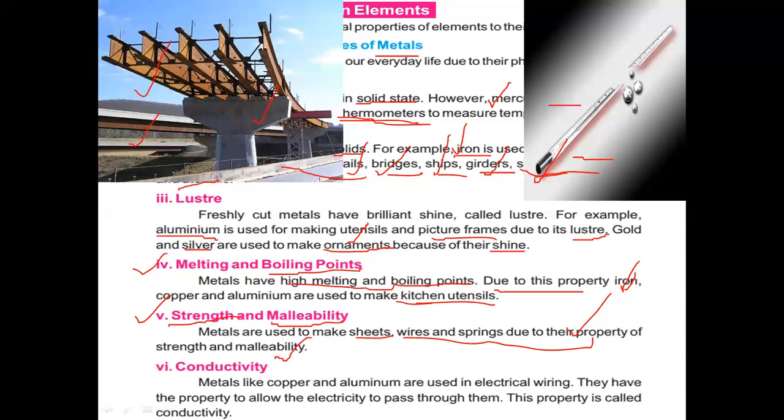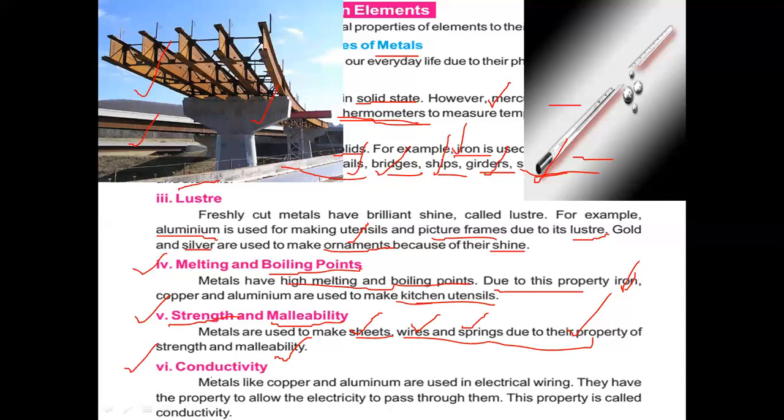Malleability means when they get hot, they glow like red spots, and then we can change their shape. They can be molded into sheets, wires, springs, and different shapes we can give them.